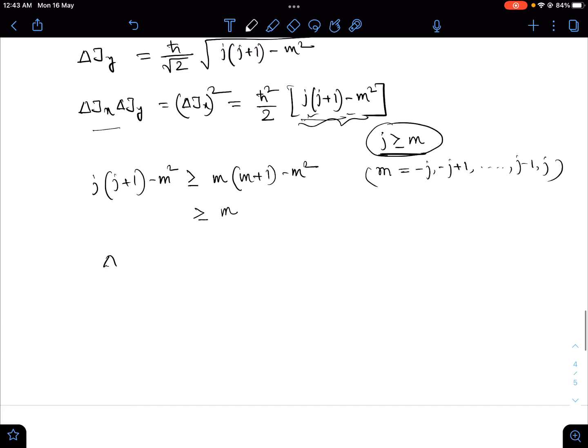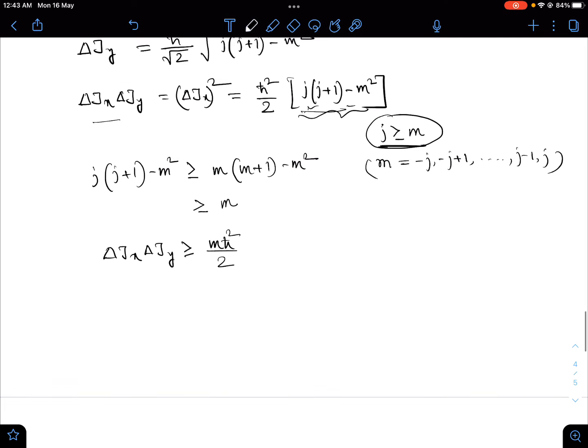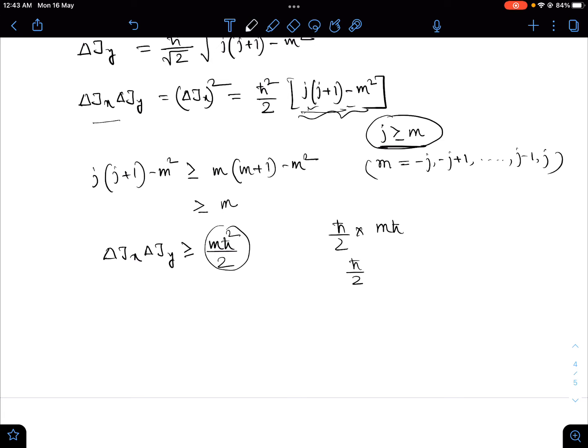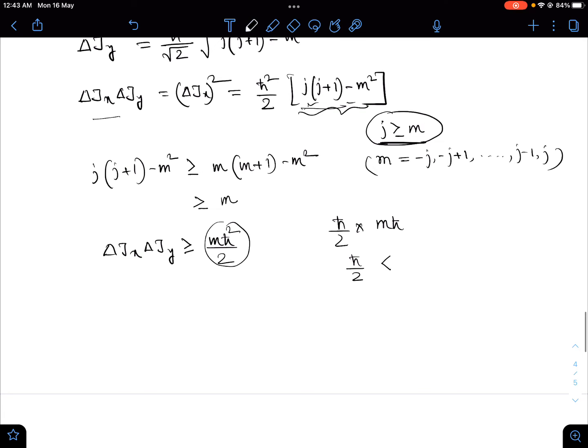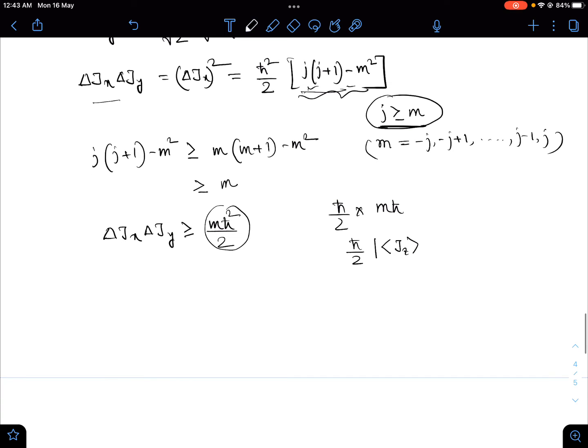So delta jx delta jy must be greater than or equal to m h cut squared by 2. We can write this as h cut by 2 product with m h cut. And what is m h cut? m h cut we can write as the jz expectation value, and we can take its modulus.